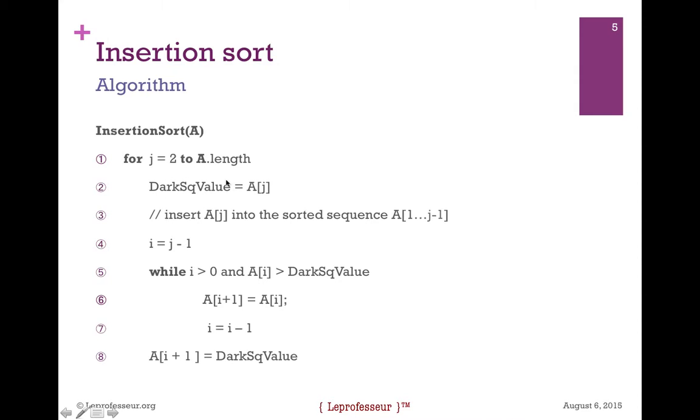Now we pick up the value which is stored at A[J] and put it in a variable called dark square value. And now after we picked up this value, we are trying to insert this value in a sorted sequence, which is from A[1] up to J minus 1.